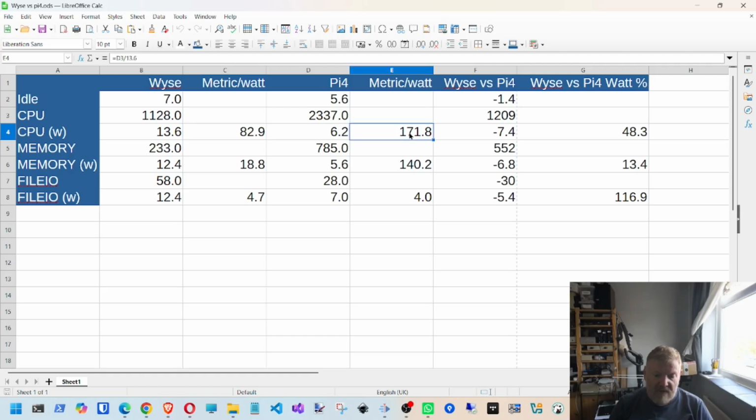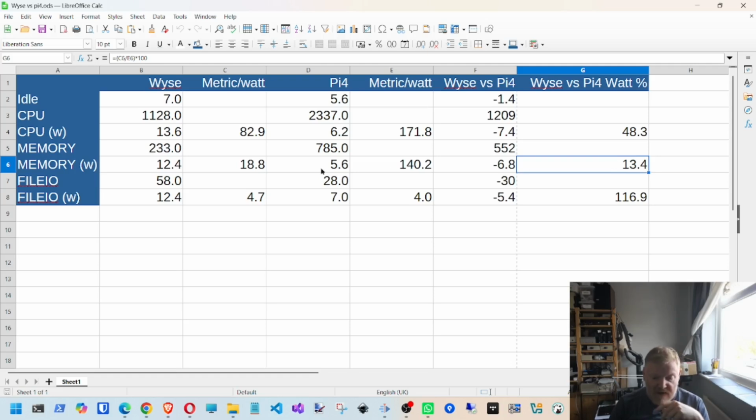So it's double the amount. So the percentage difference in efficiency for the Wyse versus the Pi 4 is about half as efficient in terms of CPU. If we then do the same thing for memory, we get a metric of about 18 per watt, and we normalize that down, and you can see it's a lot less efficient.